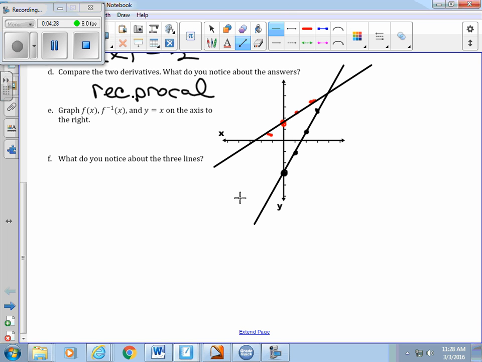Then it asked me to graph the line y equals x. This one dotted. Yeah, I was right. Okay, those are a reflection over the line y equals x. One thing I do want to point out, the slope on a line is the same all the way across, correct?